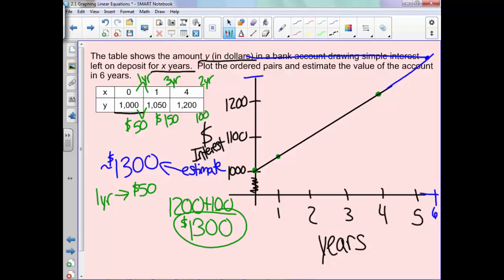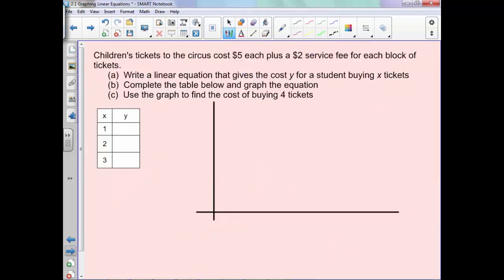Alright, next one is the same idea, except this time we're not given the y values. But we do know our x, which is our tickets, how many we're buying, and then we can figure out our equation. So let's start with A. We know that the tickets are $5 each plus $2 total.